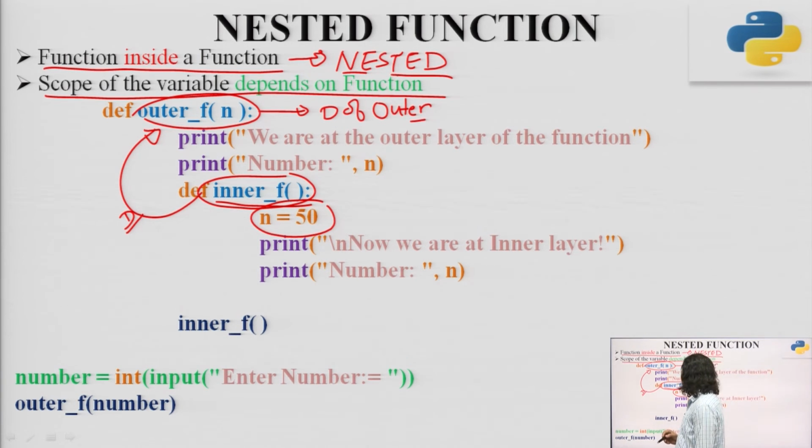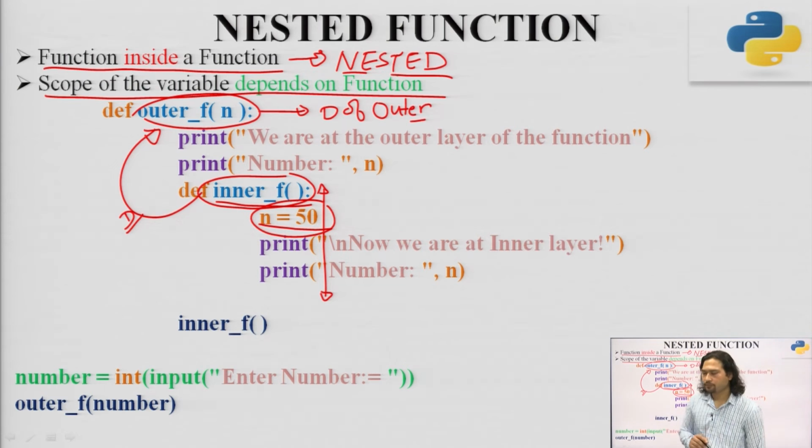Why is it local to the inner function? Because it is declared inside the function, which is referred to as local scope. So this variable is totally limited to the inner function itself. If the inner function comes into the picture, then only you can see n is equal to 50, otherwise you cannot.